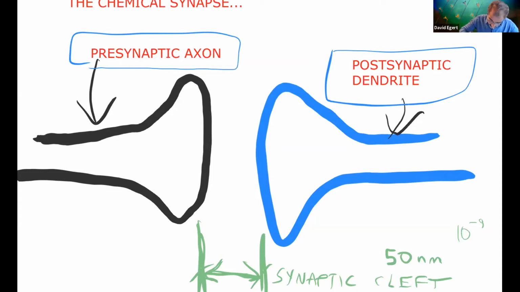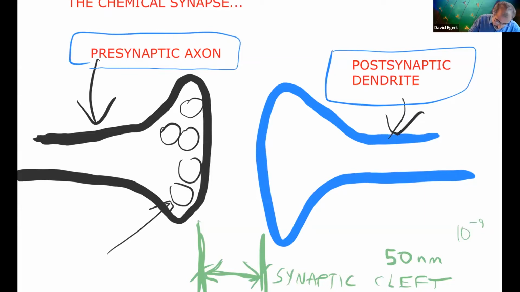Other things we have to set up in our picture here. We are going to have synaptic vesicles, and they are filled with different kinds of signaling molecules, the neurotransmitters.